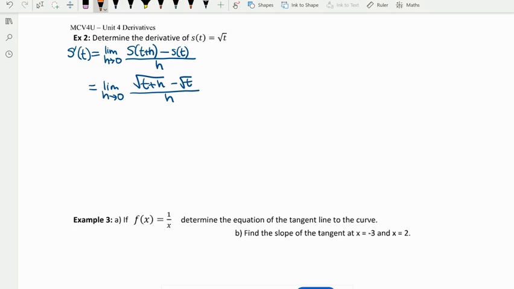We are going to multiply by the conjugate. Whenever you work with square roots, the tip is to multiply by the conjugate: square root of t plus h plus square root of t over square root of t plus h plus square root of t.